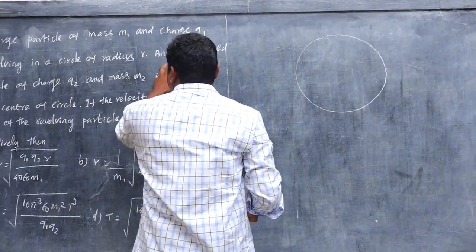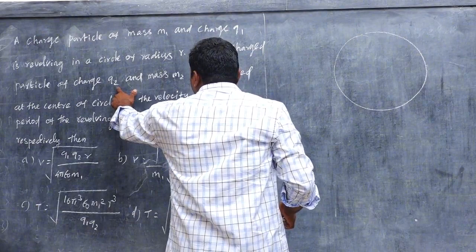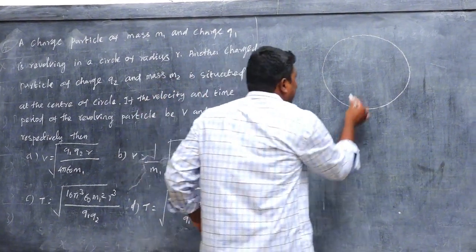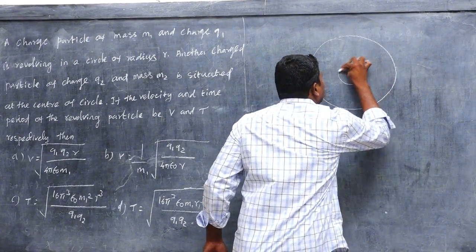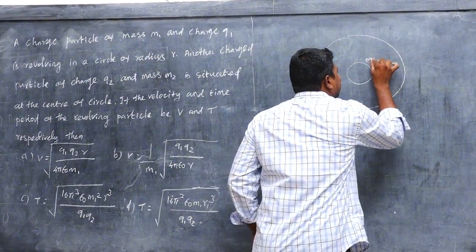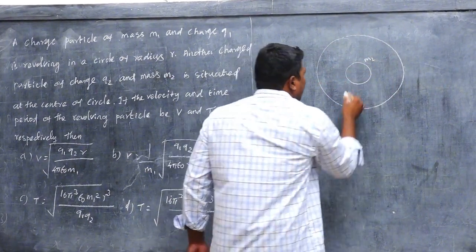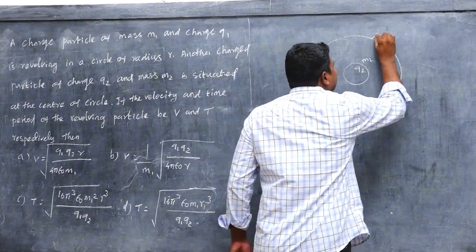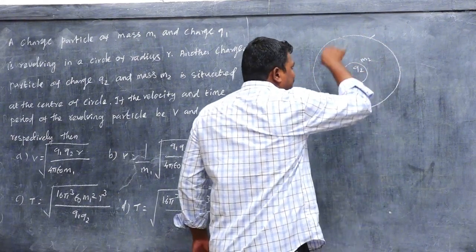Next, another charged particle of charge q2 and mass m2 is situated at the center of the circle. The charge q1 of mass m1 is revolving around the circular path.